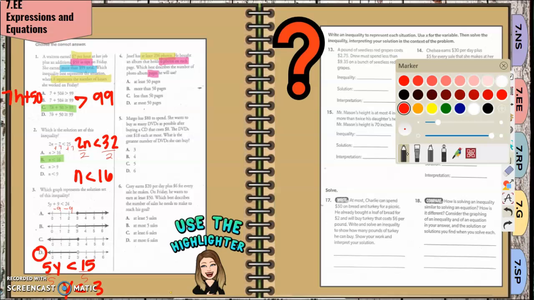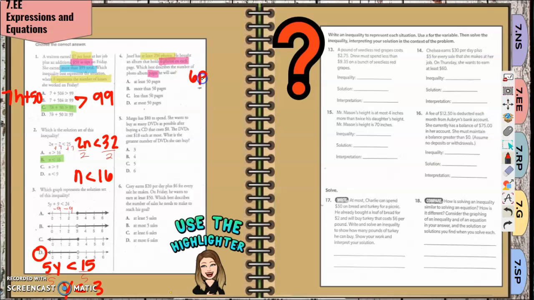So that's going to be 6P. At least means he could have 296 photos, or he could have more than 296 photos. So anytime you see at least, that is going to be greater than or equal to.